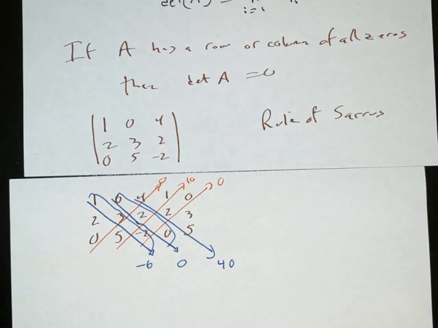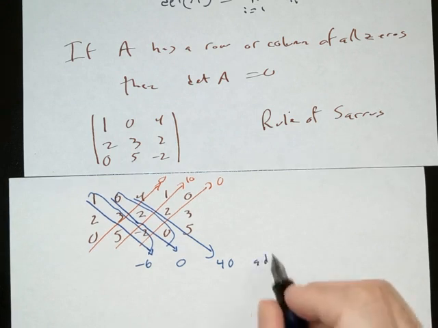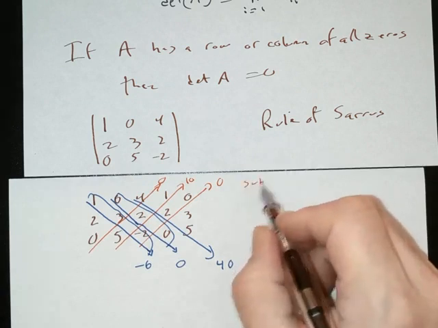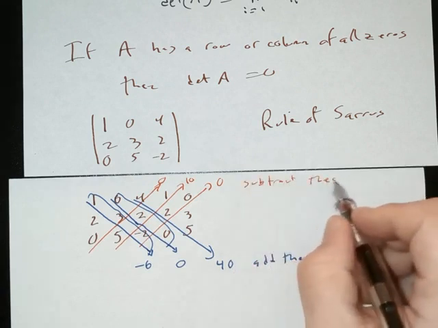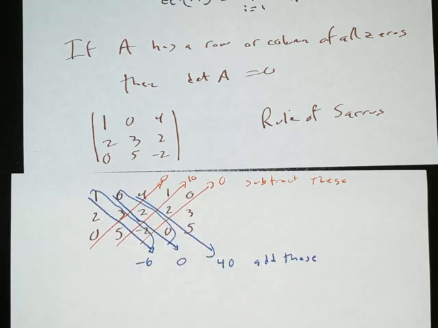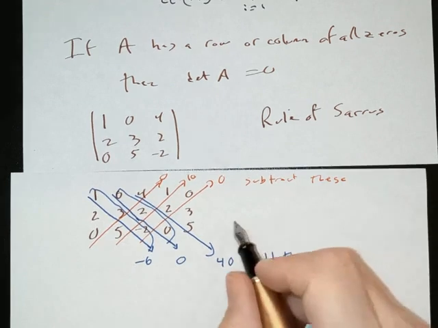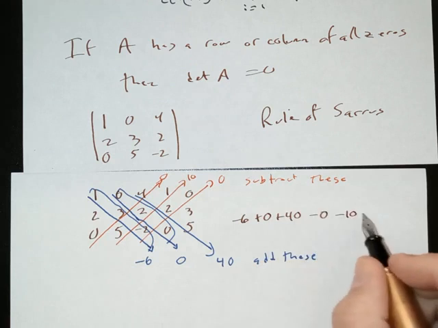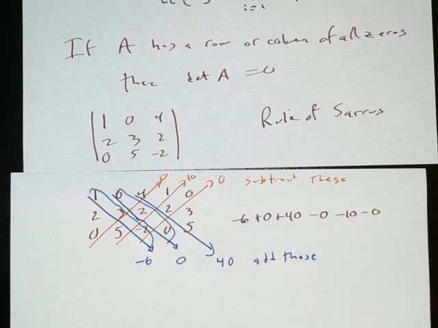AD minus BC. Add the numbers we got going down, subtract the numbers you got going up. -6 plus 0 plus 40 minus 0 minus 10 minus 0.